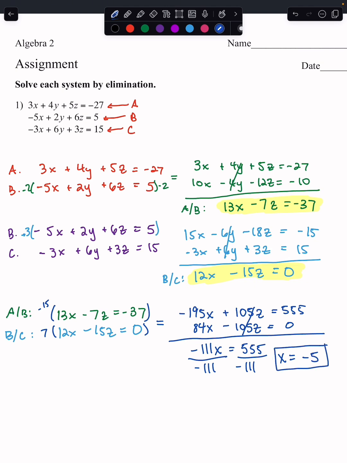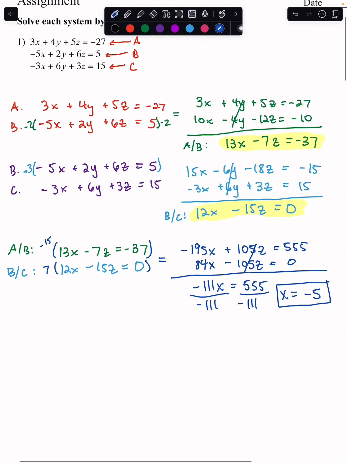Yes, all that work for one question, because that's probably what you just said. All that work for one question, and we're not even done. Remember those two equations that I highlighted earlier? Now that I have an x, I need to plug this x back into one of the two equations. The equation I'm going to use is the BC combination, which was 12x minus 15z equals 0.